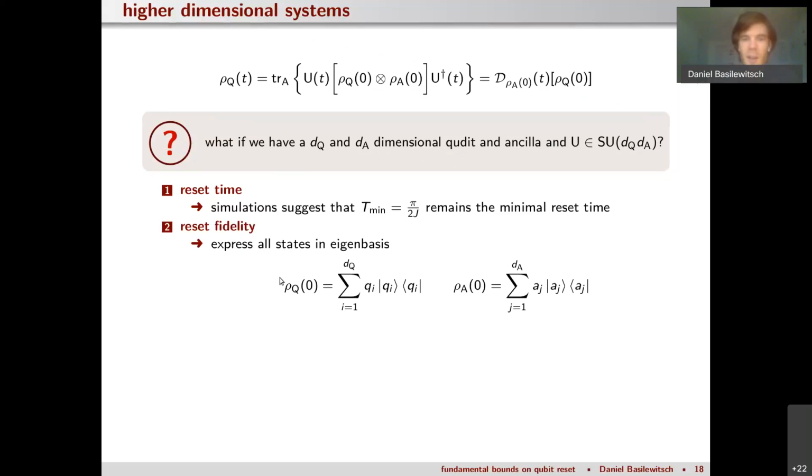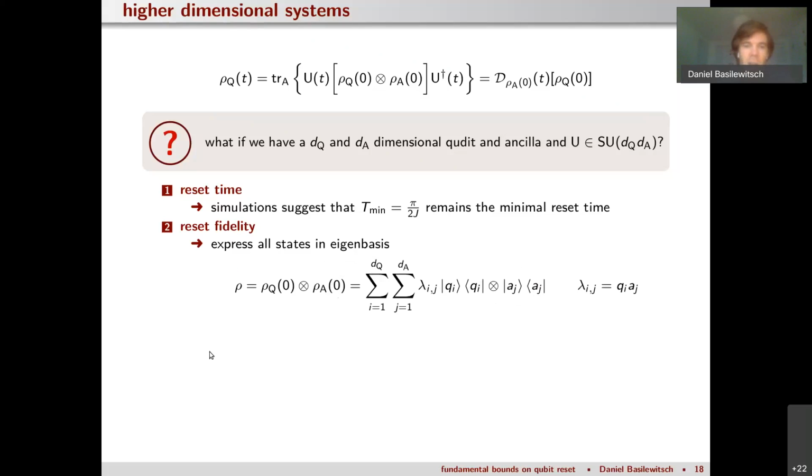To make this clear, let us assume that the initial states of our qubit and our ancilla are given in their eigenbasis. So we have a spectrum Qi and a spectrum Aj, which describe the initial state of the qubit and the initial state of the ancilla. The bipartite system then has a spectrum given by lambda ij, with lambda ij being Qi times Aj.